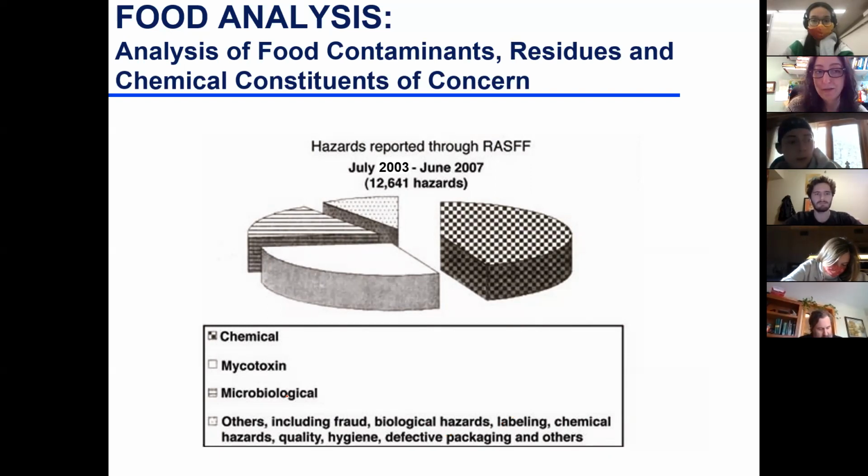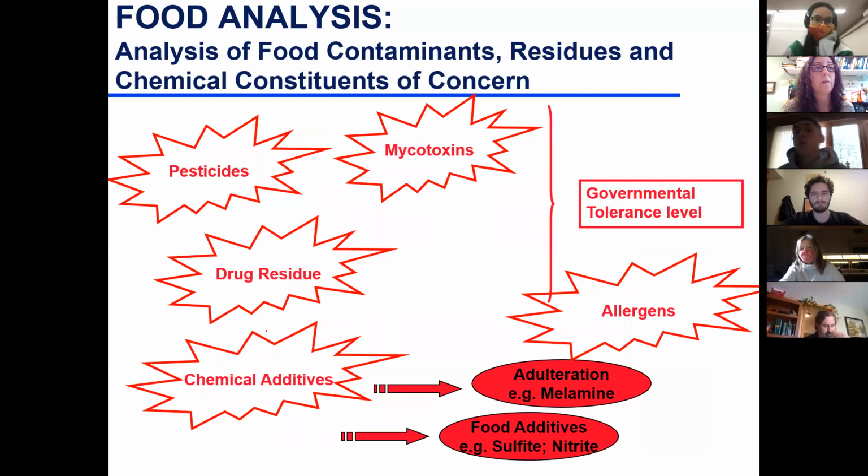So there are a lot of different ways these contaminants can make their way to the food, or they can be present naturally in the food, or present due to processing. So it's good to know what we have and how we can prevent them from being there at a level above the tolerance level.